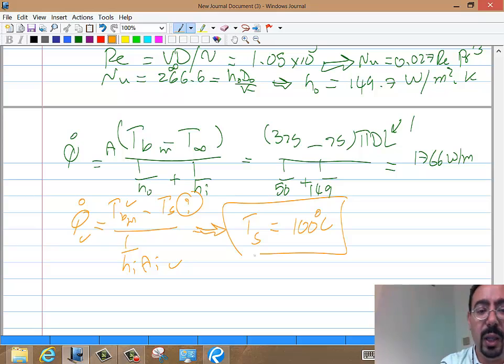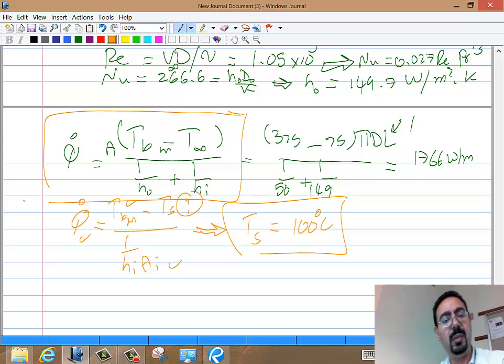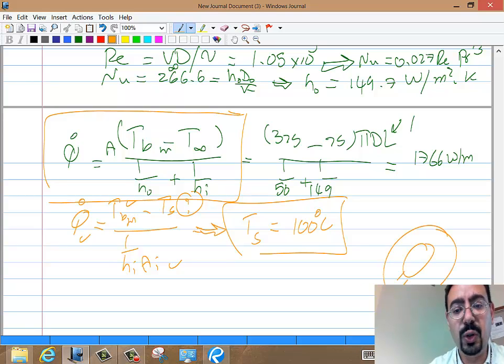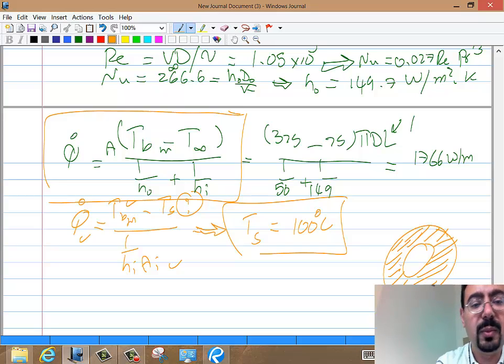Okay, now I would like you to look at this equation here, because that's the next chapter. So in this pipe with this external resistance and internal resistance to heat transfer, let me return the area to its place.